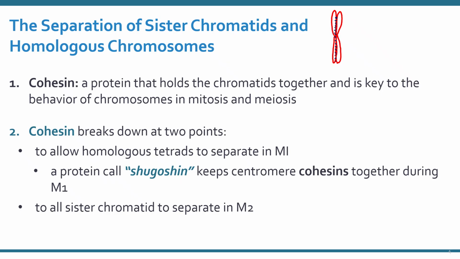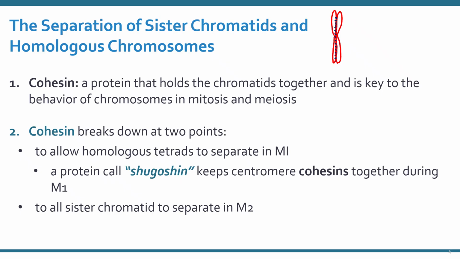So there's a second protein here called shugoshin. Now shugoshin basically protects cohesin. So we've got cohesin and we've got shugoshin. I would suggest flashcards at this point. So cohesin is protected by shugoshin.